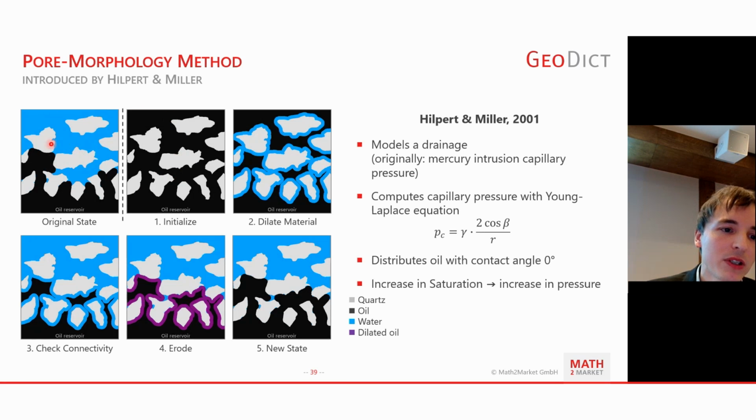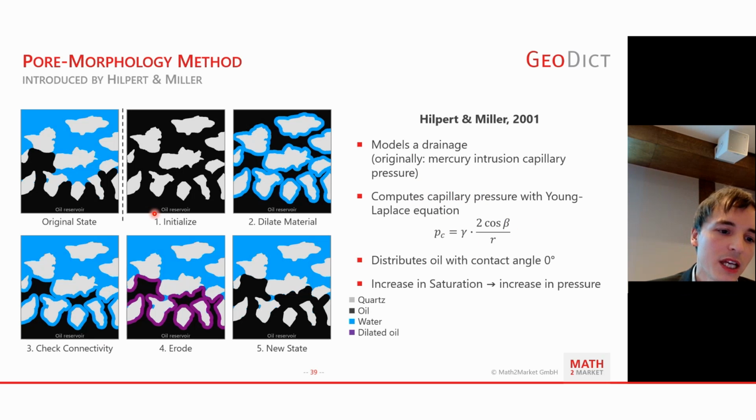In the original state, when you have a structure and you want to drain the water from that structure by a non-wetting fluid like oil, we start off with an original state. In the pore morphology method, we then initialize the next step by putting the non-wetting fluid inside of the pores of the reservoir and dilating the material which we want to wet by a certain diameter that goes into the Young-Laplace equation.